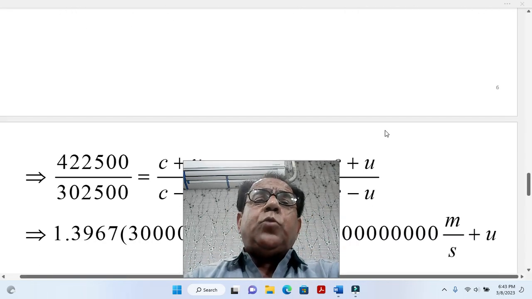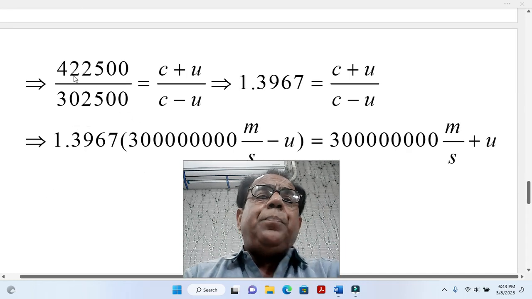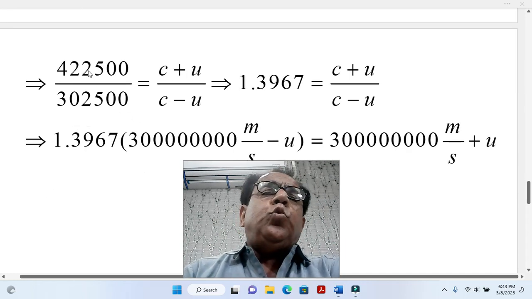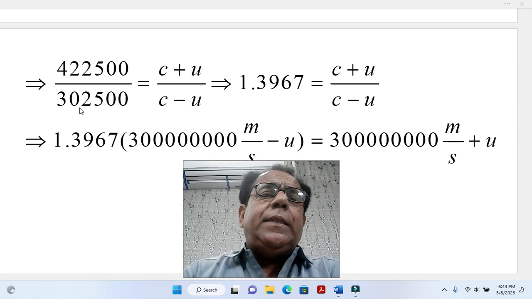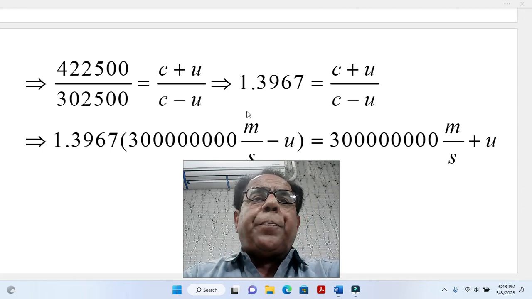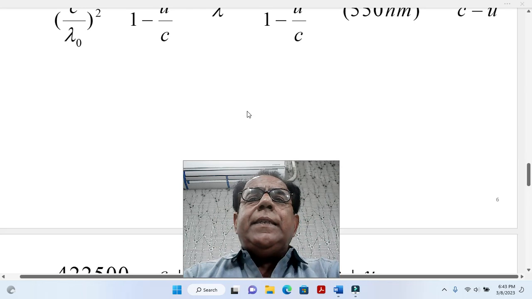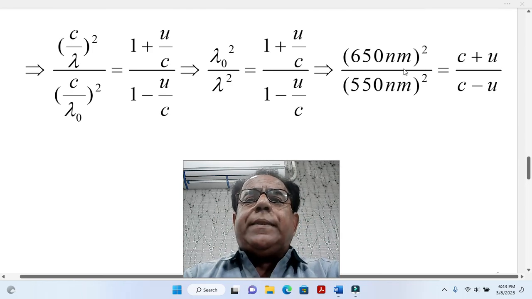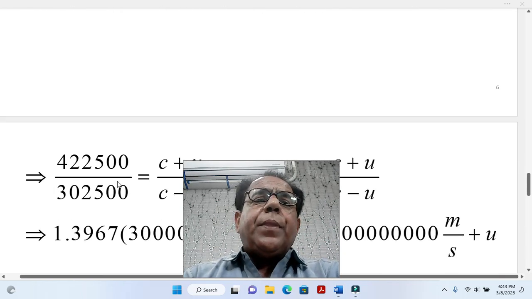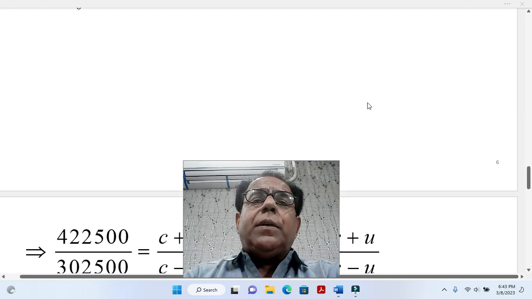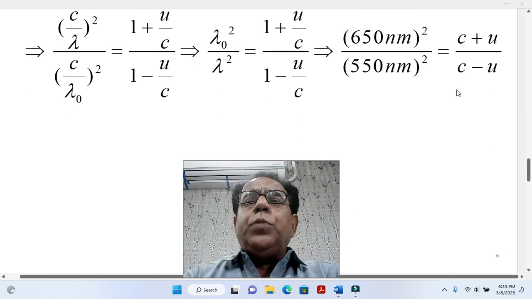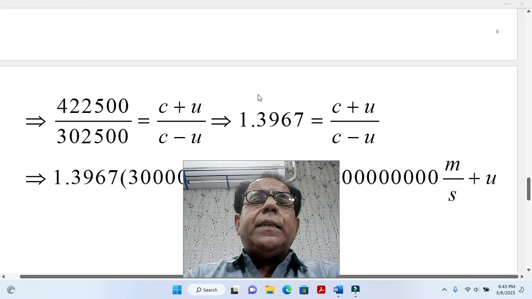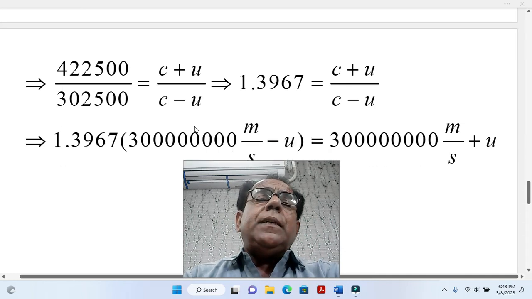Accordingly, 422,500 divided by 302,500 is equal to, in place of this, these two numerical values have appeared, and on the right side there is no change, the same has been reproduced.